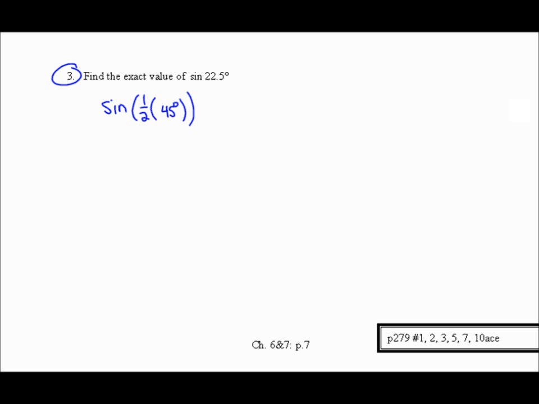So our theta is 45 degrees, because we're using the formula that sine 1/2 theta is equal to plus or minus the square root of 1 minus cos theta over 2. Where can you find this? Your half angle formula on your formula sheet. And so we want to use our theta as 45 degrees.